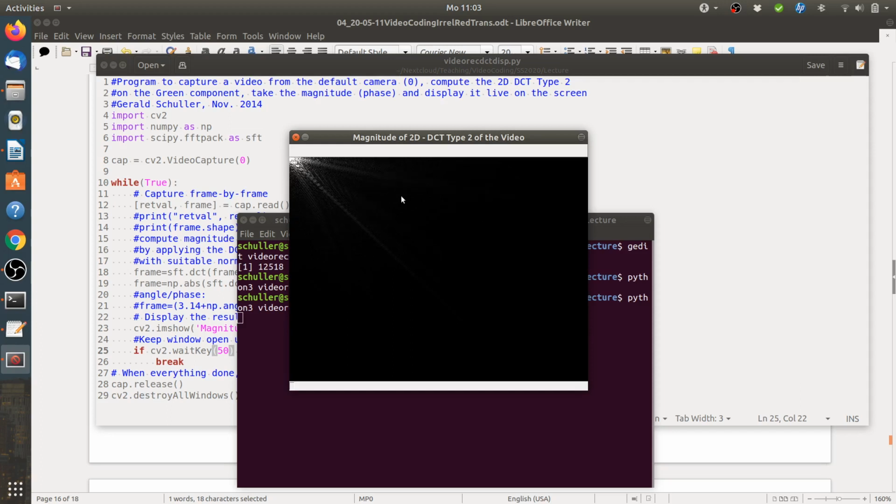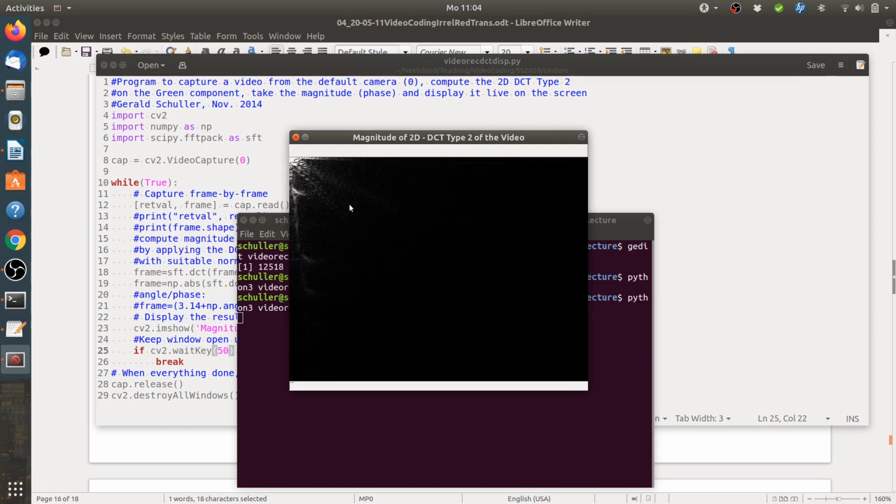And you can see here, I can hold different patterns in front of it and it changes. And you see you have some rays going to higher frequencies here, which means there is some pattern in the image. So you can see holding some text in front of it, you see more high frequencies because there are more fine patterns.